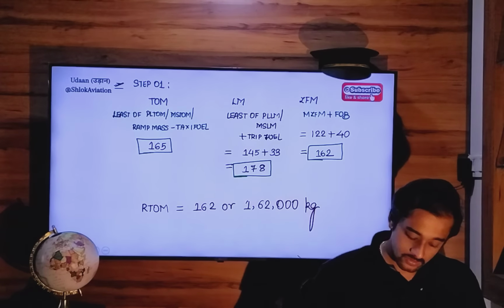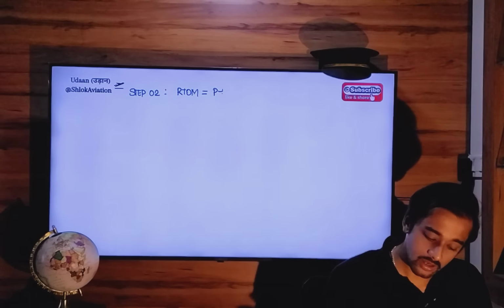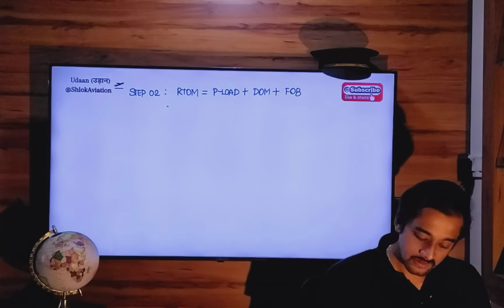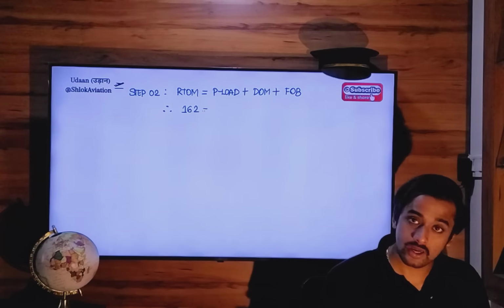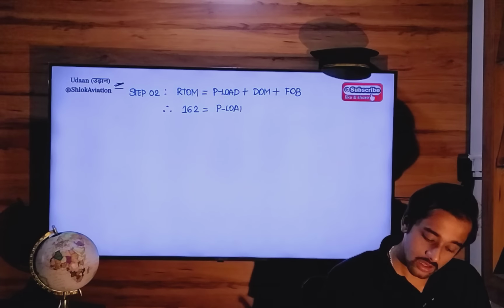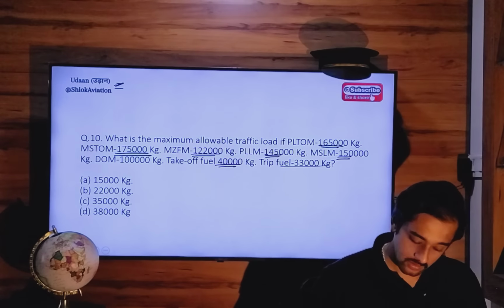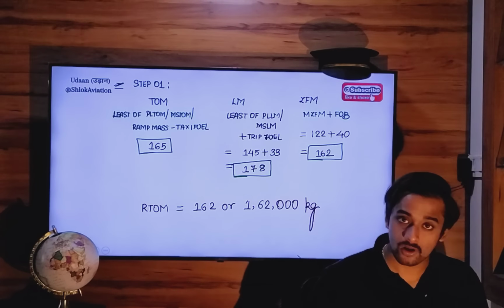Okay. Step number 2, use the direct formula. Takeoff mass is equal to payload plus DOM plus fuel on board or takeoff fuel. So takeoff mass is 162, payload calculate, DOM is 100 and fuel on board is 40.